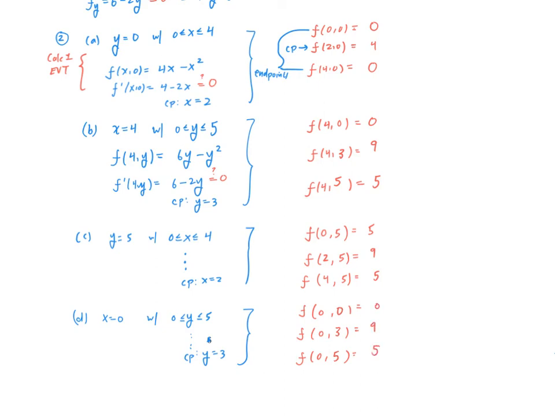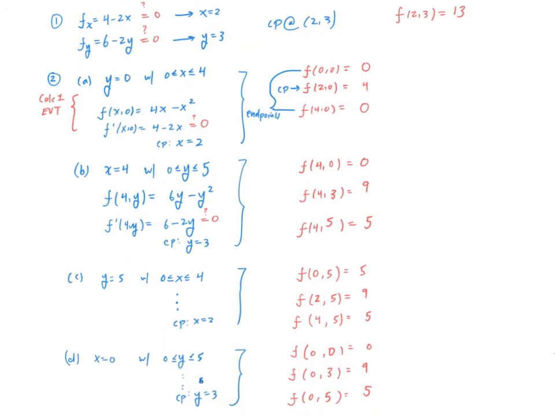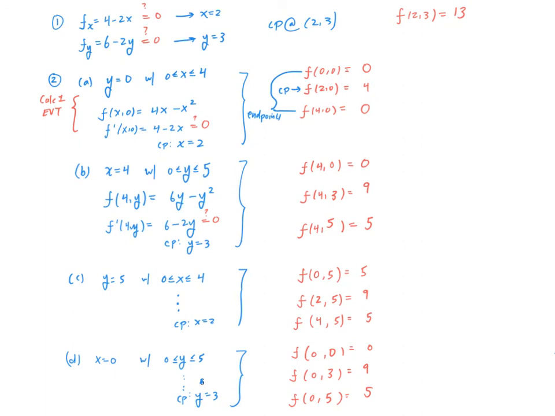And we are now to our final step, which we can hopefully complete purely by inspection. We want to look at this list of values that we have. That is all of these associated outputs along the boundary of the rectangle. And then I'm going to scan up just a little bit to also include the function value at the critical point.